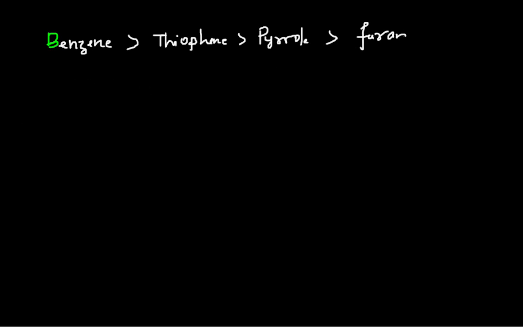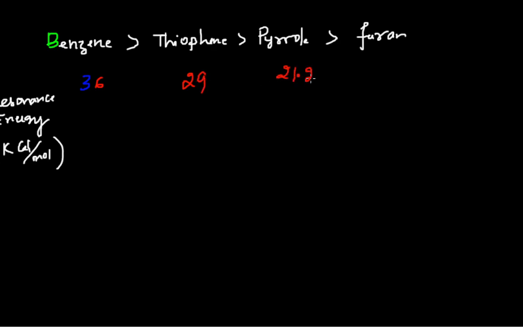Now if you look at resonance energy in kilocalories per mole, the value of benzene, of course, is highest. It is 36. Then for thiophene it is 29, for pyrrole it is 21.2, and for furan it is 15.8.